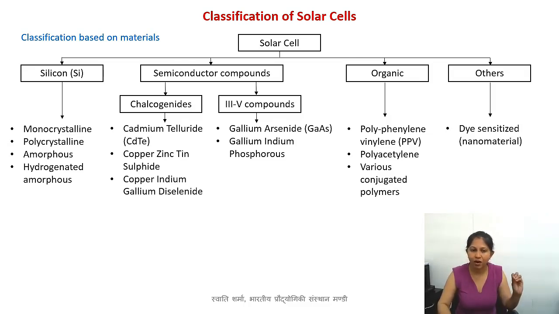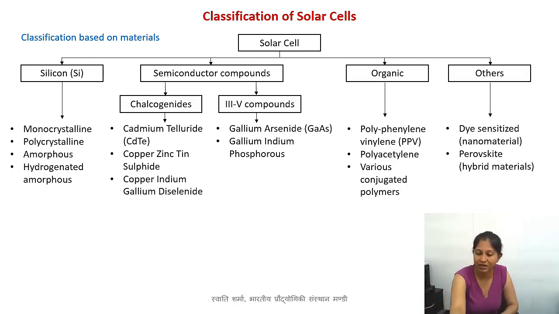You can already decide on a property and then accordingly modify your synthesis. So several nanomaterials have been used for solar cell fabrication purposes. Among them, the dye-sensitized materials are most commonly used. So this is also a class, and there are multiple examples of nanomaterial based dye-sensitized solar cells.